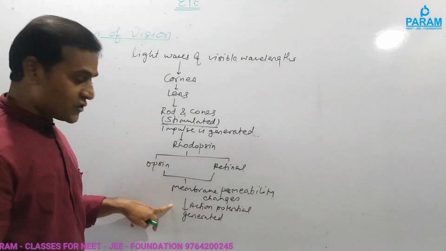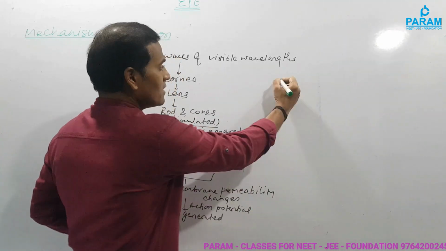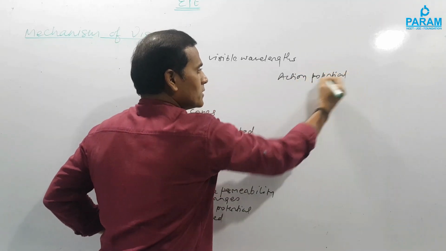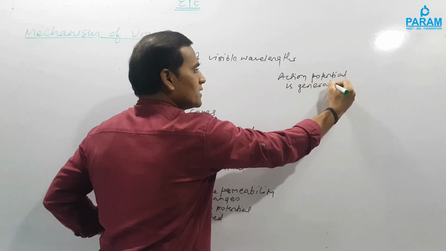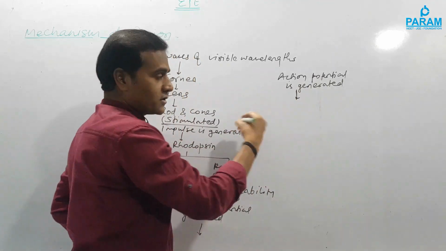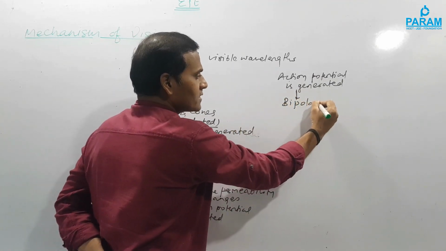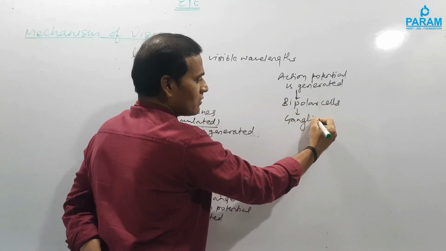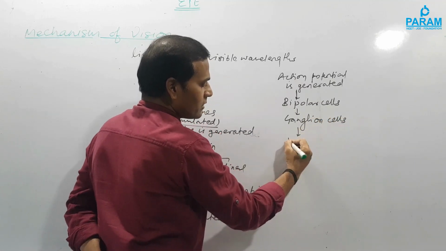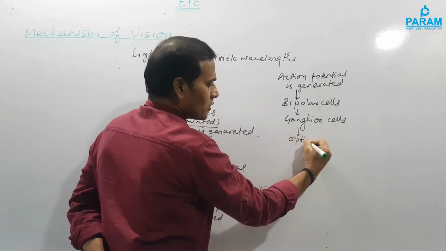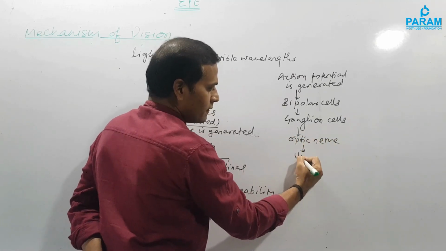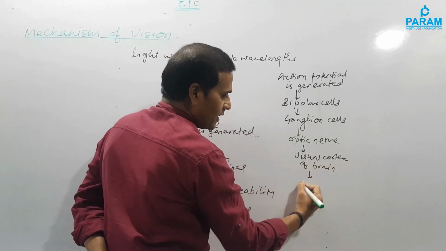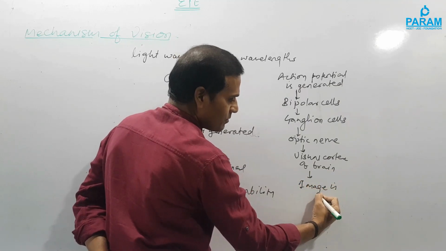Now once this action potential is generated, it is passed to bipolar cells, third layer we already discussed, and then this action potential will pass to ganglion cells, which will be sent through your optic nerve to visual cortex of brain, and finally image is perceived.